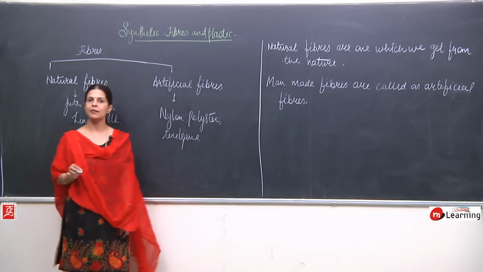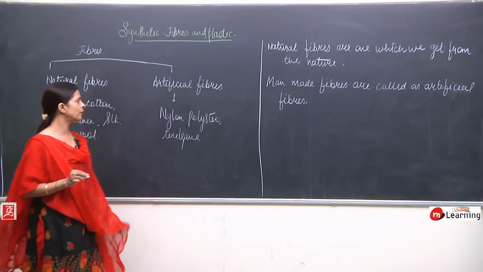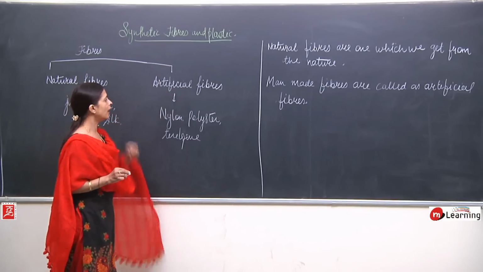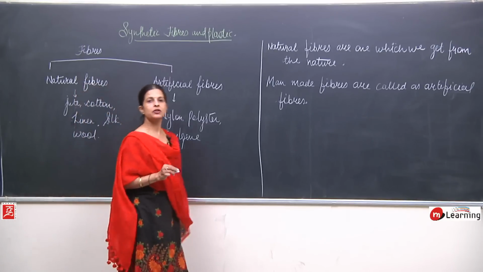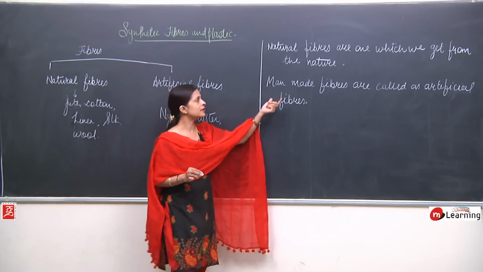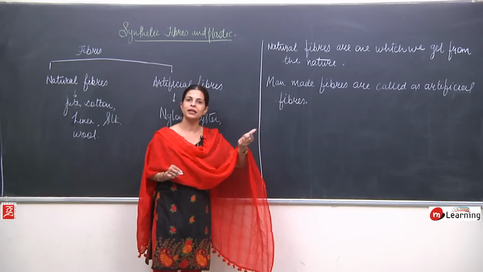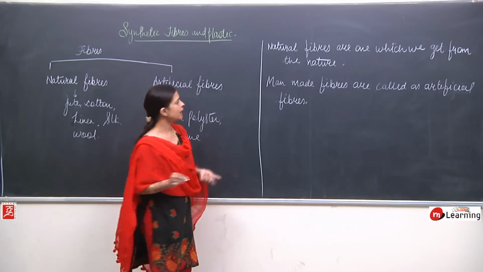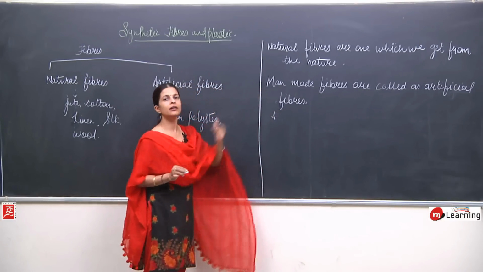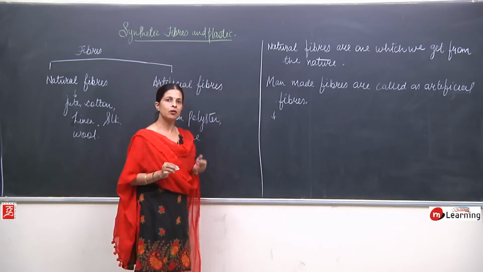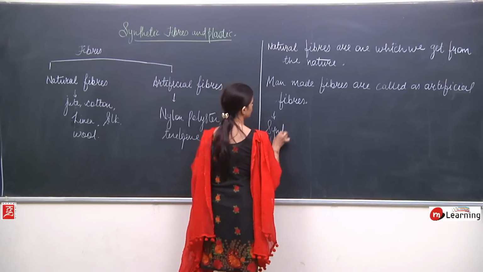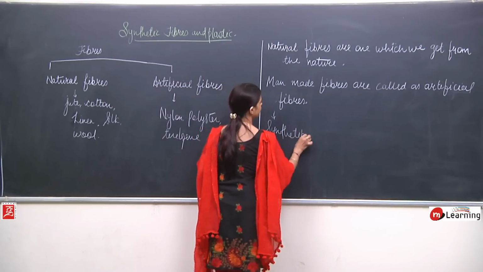All these examples belong to the category of artificial fibers. So, what is the meaning of artificial fibers? Artificial fibers are those fibers which are made by man. This artificial fiber can also be known as, like I have written over here, man-made fibers. It can also be known as synthetic fibers.